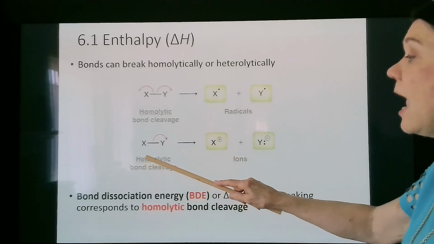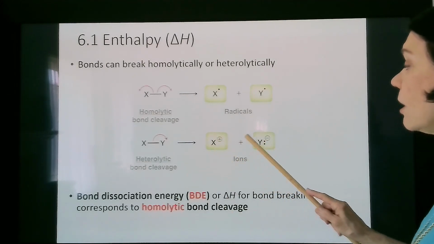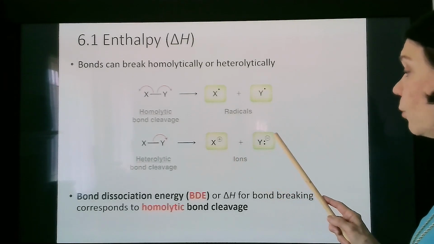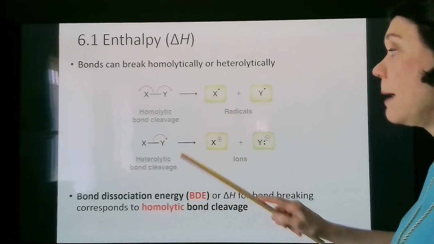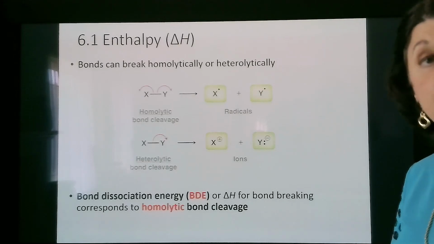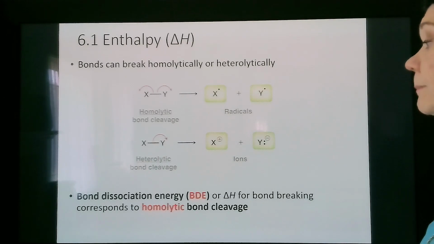This is called heterolytic bond cleavage because the two fragments that are created are different. One's a cation, the other one is an anion. In this chapter, we're going to be considering homolytic bond cleavage. So you need to keep that in mind in order to understand what we're doing.